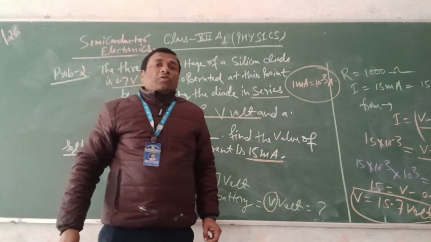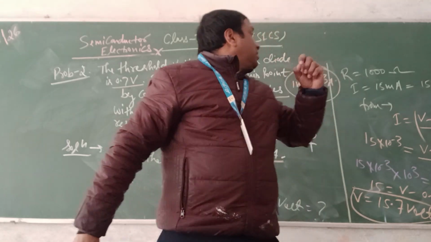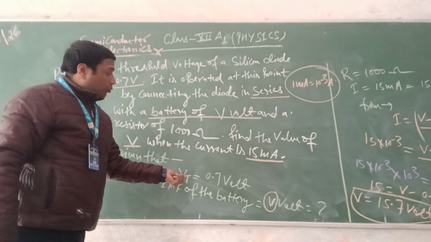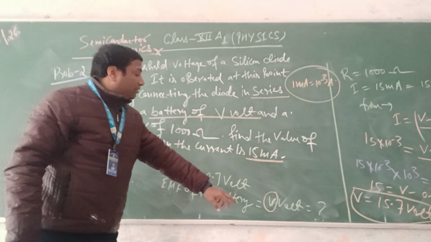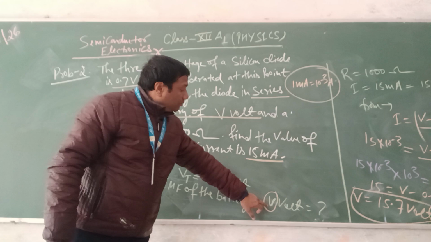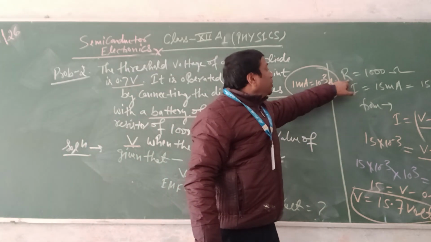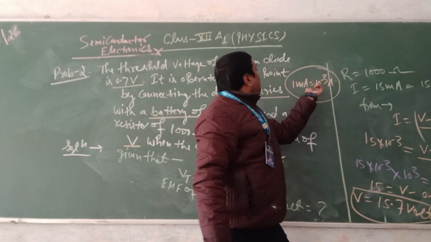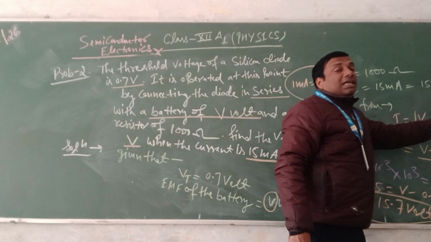So we have threshold voltage 0.7 volt, we have to calculate the EMF of the battery V, resistor R is 1000 ohm, and current I is 15 milliampere, which means 15 into 10 to the power minus 3 ampere.